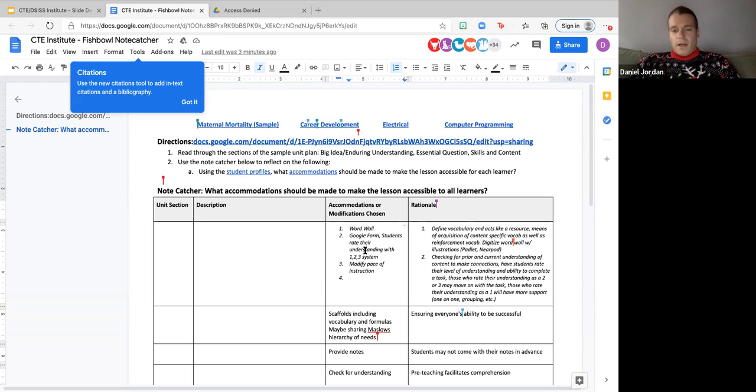If students rate their understanding as a 1, then you can do one-on-one time, or you can do grouping with those higher level students. And then we also talked about modifying the pace of instruction, allowing more time for students to absorb material. Unfortunately, I did not get to the last one.